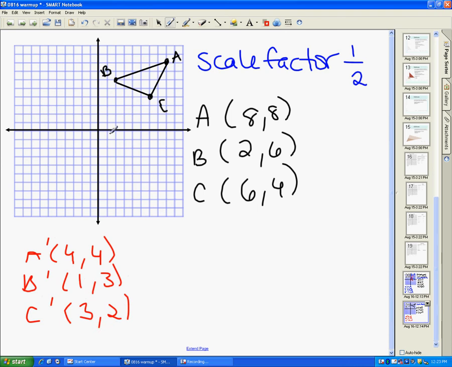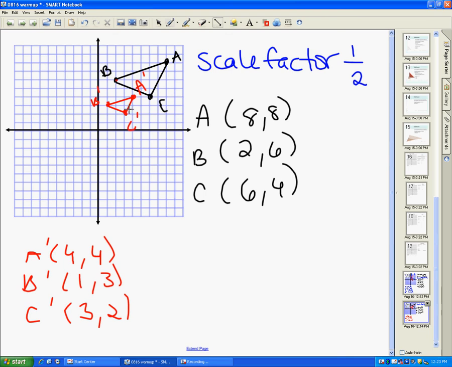And so now I'm going to plot these points. And there is our dilated triangle ABC using a scale factor of 1/2.